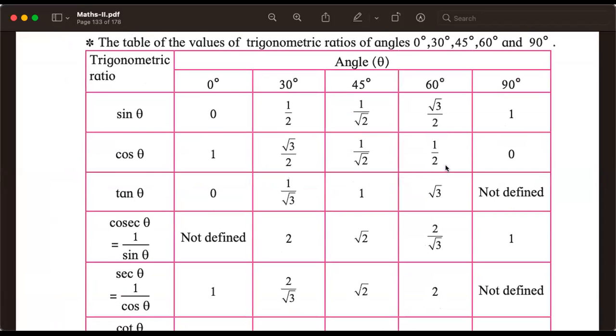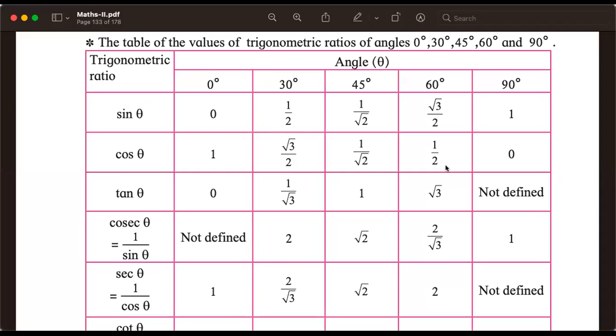Once we looked at more trigonometric ratios, we added to the table of values of trigonometric ratios of standard angles. So the standard angles are 0, 30, 45, 60, and 90-degree angles. And we need to know the values of trigonometric ratios for these particular angles.